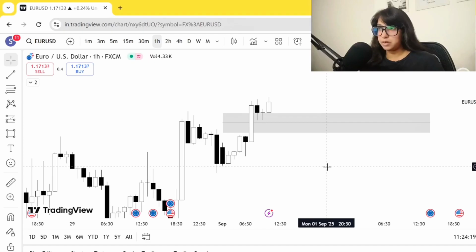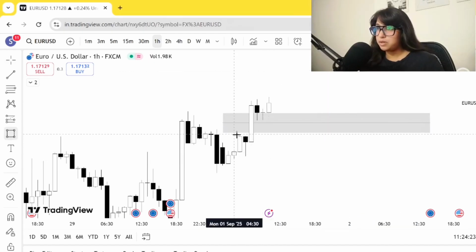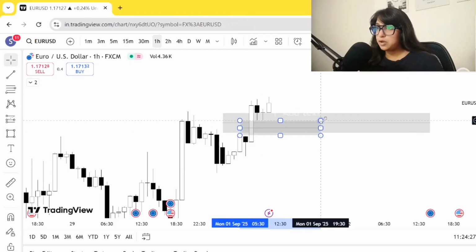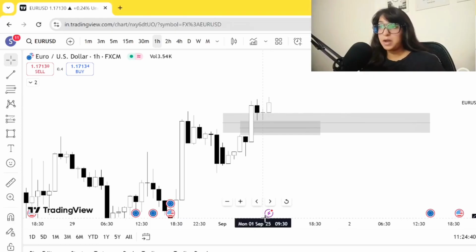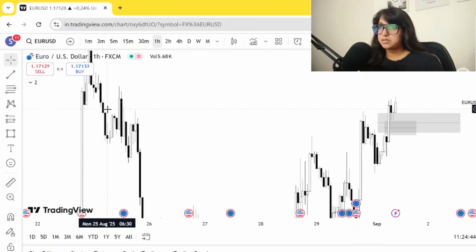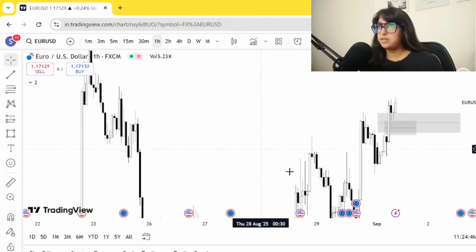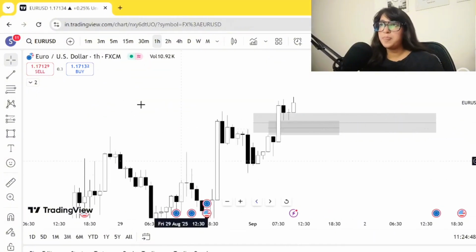On the 1 hour time frame, we saw that the fair value gap from here to here has already been tapped, and it is giving the move in an upward direction, right? So we can see a little bullishness in the price action right now until we see the reversal. That's the scenario on the 1 hour time frame.